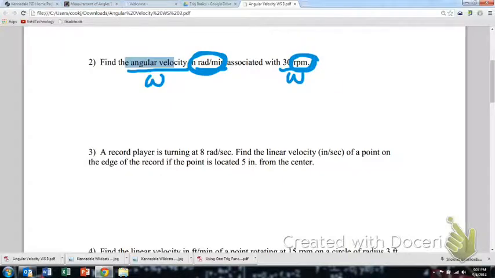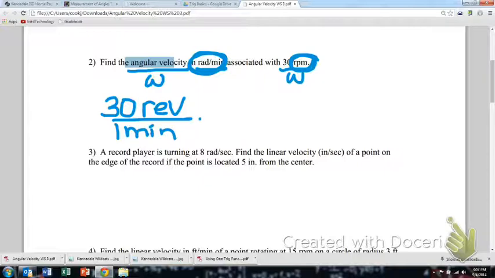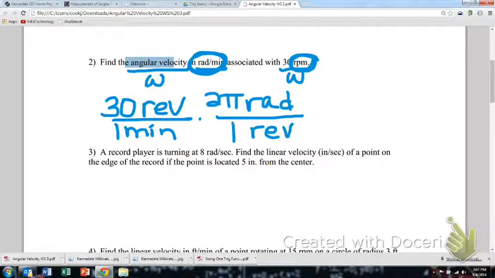So this is just a matter of converting from 30 revolutions per minute to radians per minute. So converting revolutions to radians. And there are 2 pi radians in one revolution. So 60 pi radians per minute.